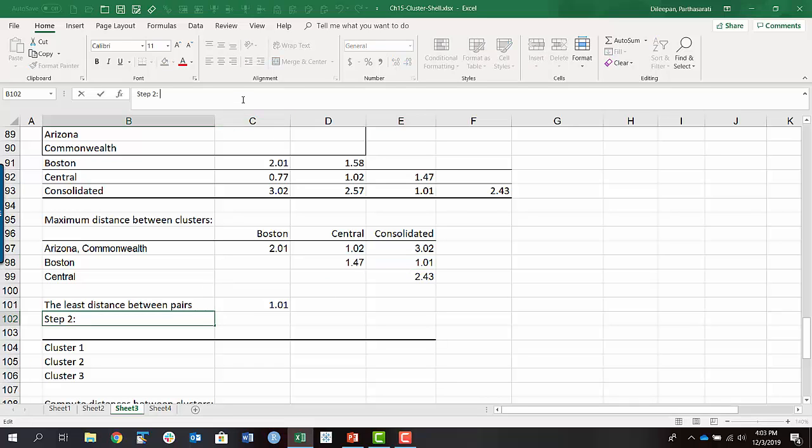So here we get Boston, so that 1.01 is that one.